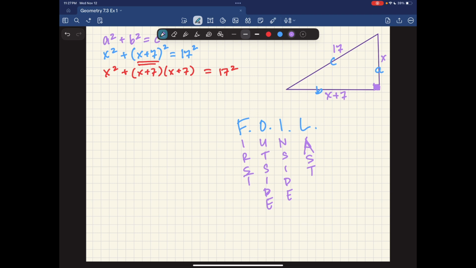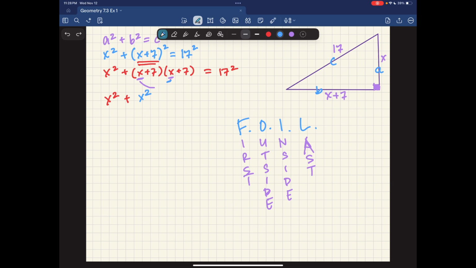Okay. So what's first, what's outside, what's inside, last? So these x's are the first that I multiplied together. Okay, so let me bring x squared down again, plus, and then x times x, that's my first grouping, that's going to be x squared.